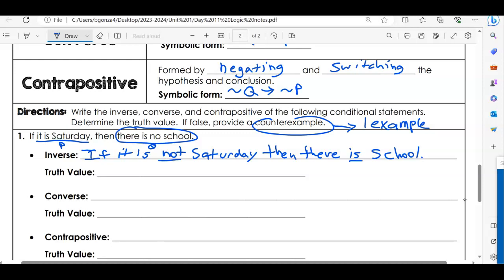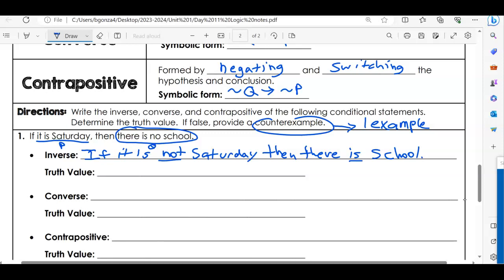Me, Mr. G. If I said everyone in this class is older than 15 years old, is that true? No? Why not? You're 14. So you are one counterexample. I don't need to list everybody, I just need one example. Part of logic is giving a counterexample. If one can make it break, it's a false statement.